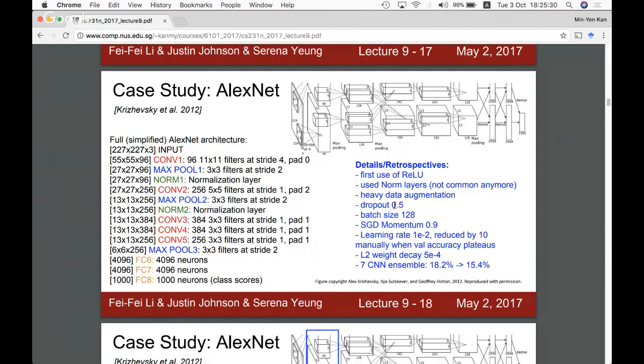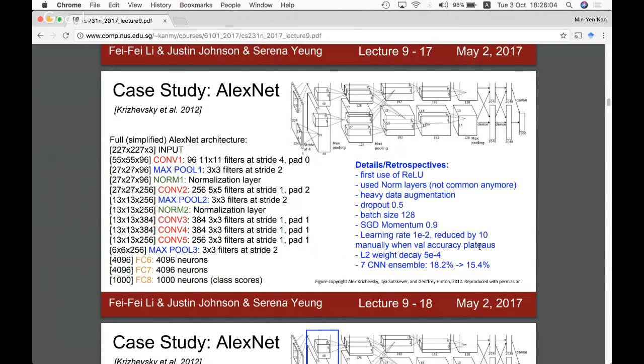It also uses dropout in the fully connected layers, and the batch size is 128. The optimizer is SGD with momentum, the parameter is 0.9, and the learning rate is 0.01, reduced by 10 manually when the accuracy on the validation set reaches a plateau.